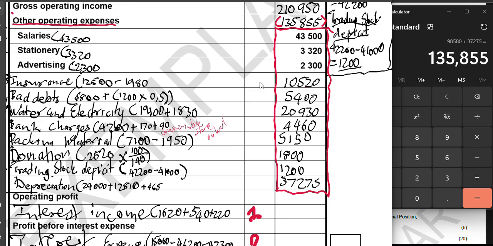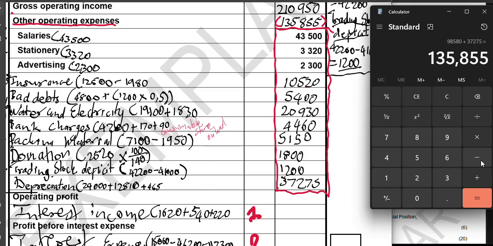That is 135,855. So we are going to subtract this from 210,950. I'm just going to do this vice versa. Obviously the answer is going to be negative, but in actual fact it's not actually a negative. So that's 210.